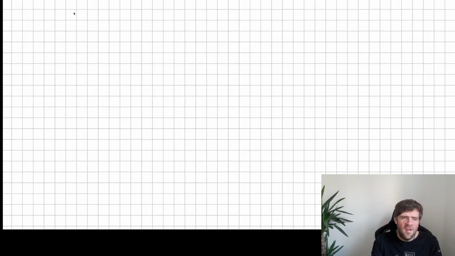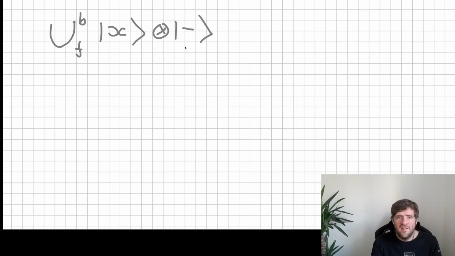So the way we do that is to take a Boolean oracle for a given function and apply it to the state which has the input that we are interested in, tensor producted with the minus state. So why is this?